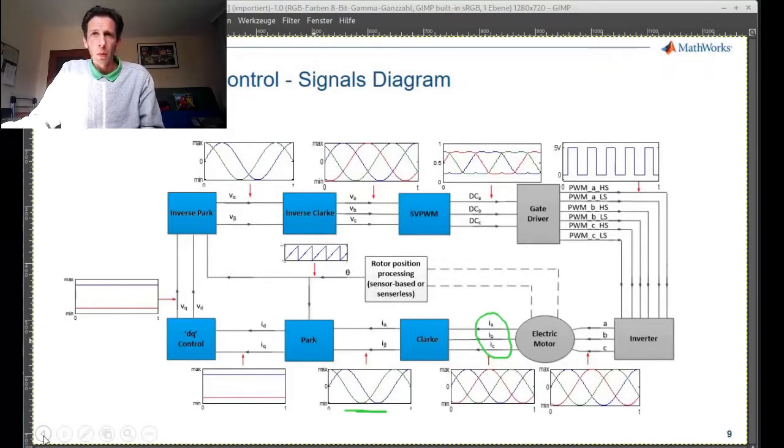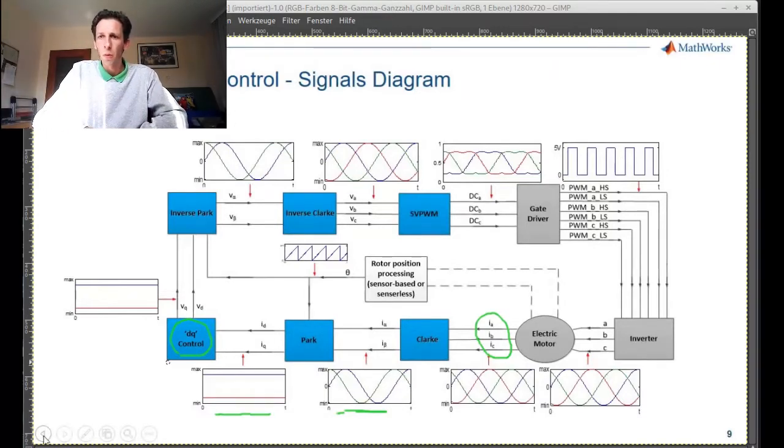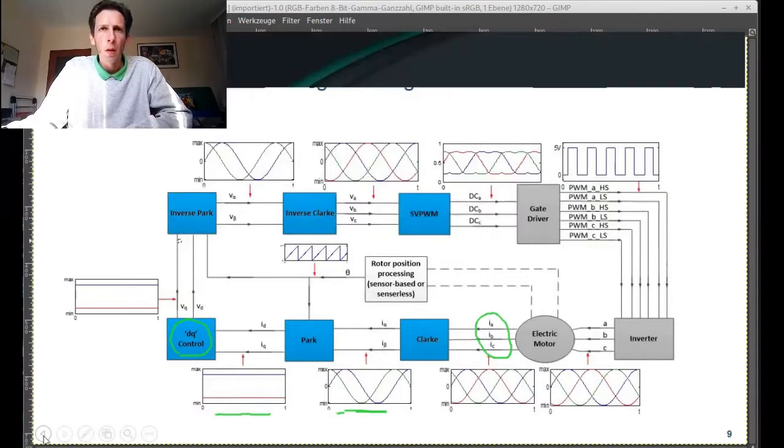Okay, and next we do a Park transformation, and that transforms those sine waves to DC quantities. And that's of course very useful, because now in this box right here, we can just do traditional current control, like a lab power supply in current control mode would do. It just increases the voltage until it hits its regulation or its control target. And that's all we do.